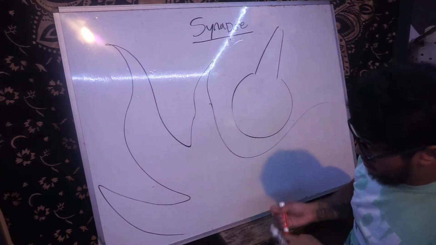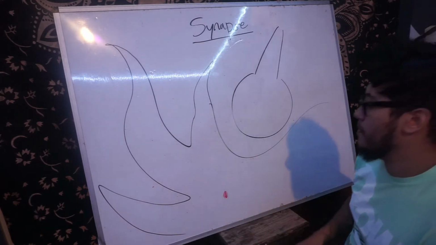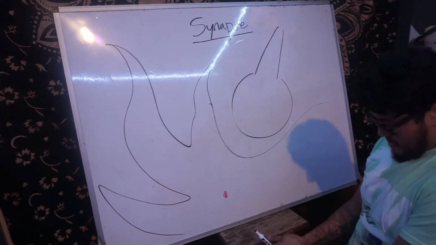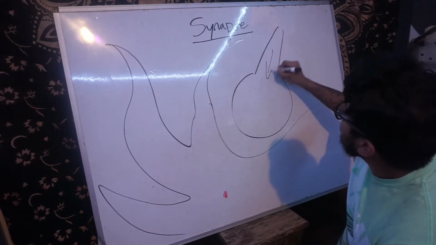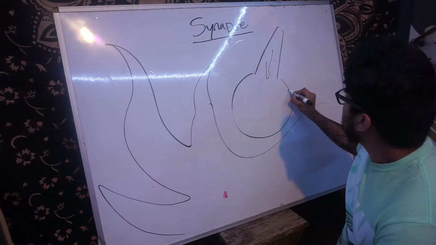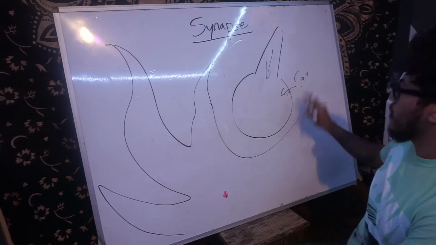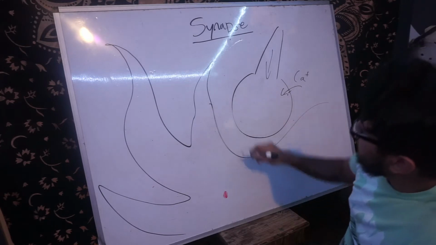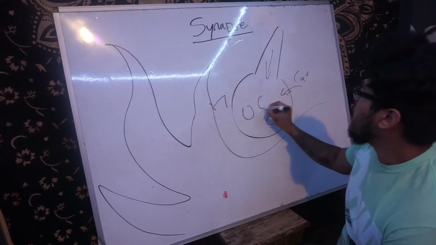So pretend this is the dendrite. The steps are essentially the same. You still have your ATP, you still have calcium going into the synapse, and of course the synaptic cleft. Same deal.